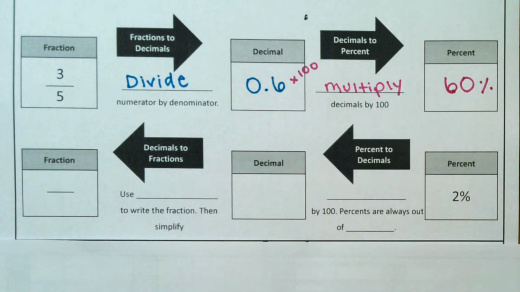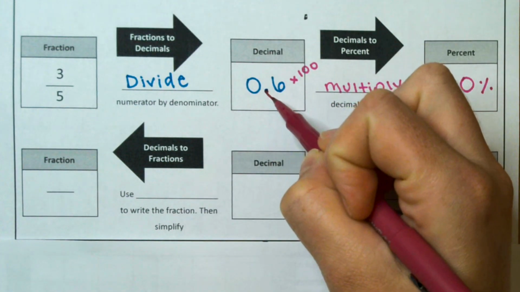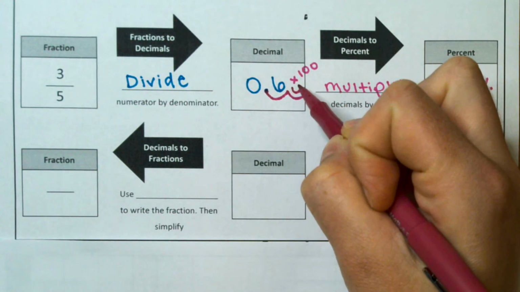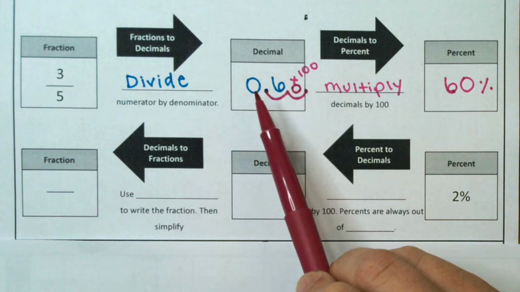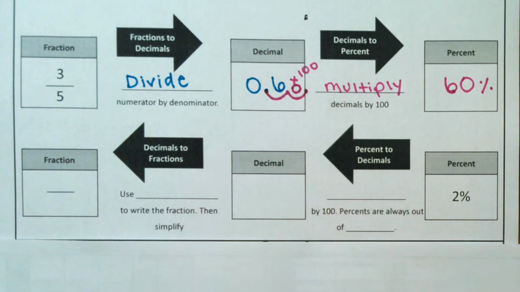Another way to think about this is when we multiply by 100, we're actually moving our decimal forward 2 spots, and then in this empty spot would be a 0. So you can either move your decimal forward 2 spots or multiply your decimal by 100.